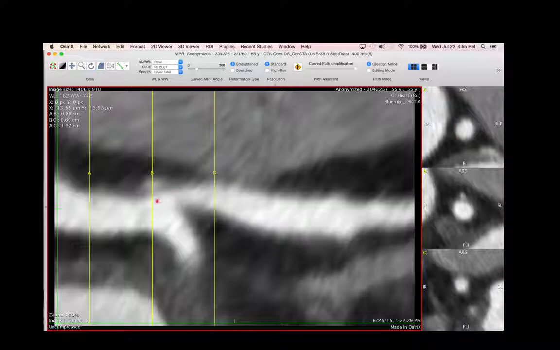And then as we go distal, away from this lesion, we can see the diameter of this vessel gets appreciably smaller here. This is the left anterior descending. So it gives you a lot of geometry data about the vessel, right? When you're looking at it visually, it's almost too much to take in all at once.